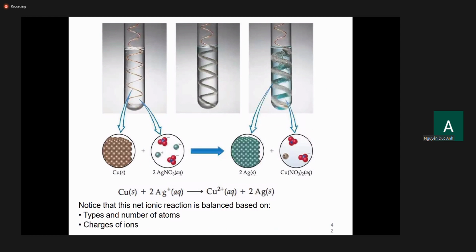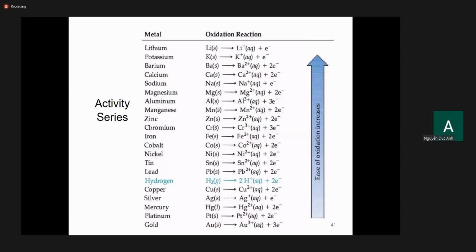This reaction is a similar thing, in which you dip copper into a silver solution. When you look at the activity series, copper stays higher than silver, which means that copper is more reactive, with higher reactivity than silver.